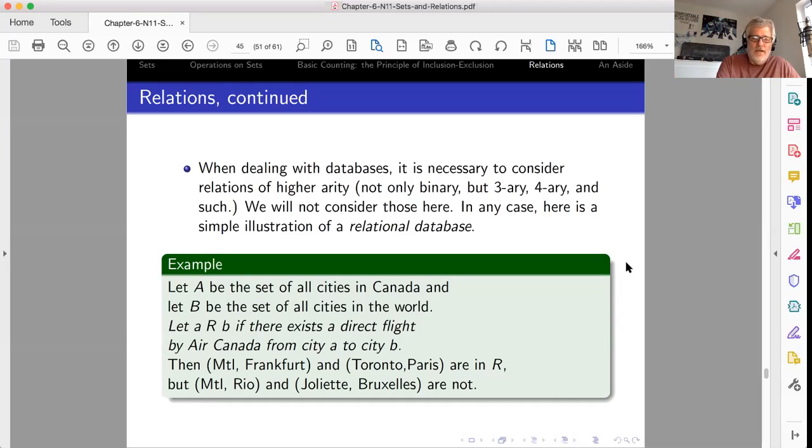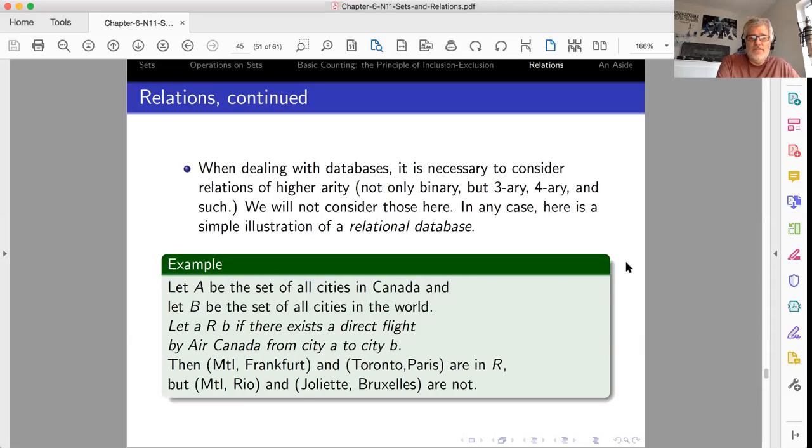And let B be the set of all cities in the world. I'll say that little a is related to little b if there exists a direct flight by Air Canada from city a to city b. So that's a relation from A to B.